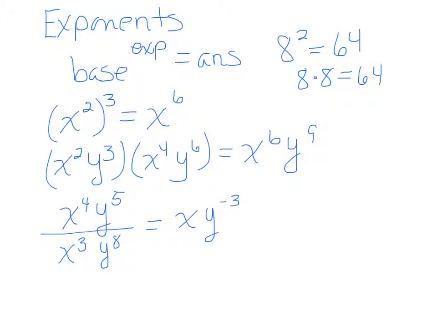The only problem here is that you can't leave a negative exponent, so that would be rewritten as x over y cubed. By placing the base that has the negative exponent in the denominator, the exponent then becomes positive.